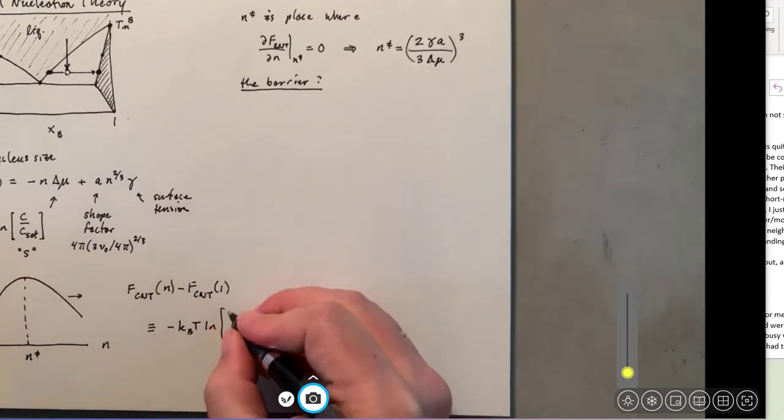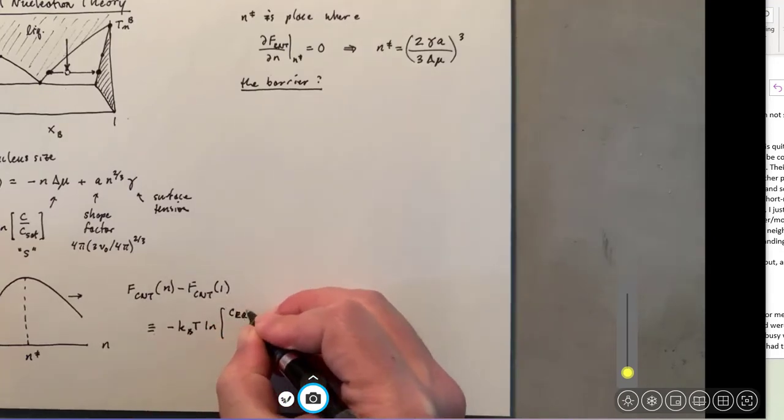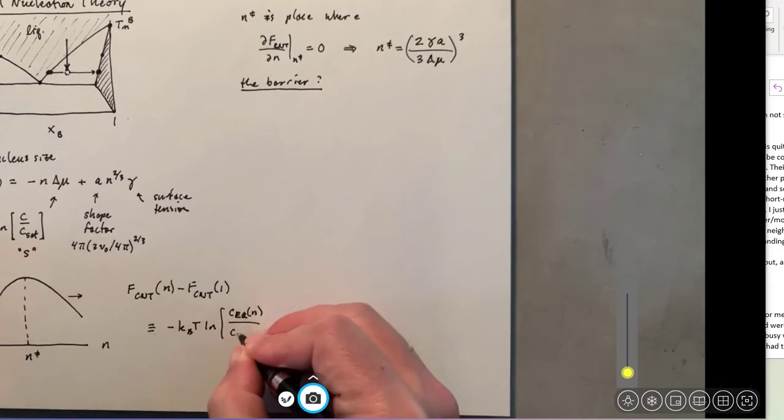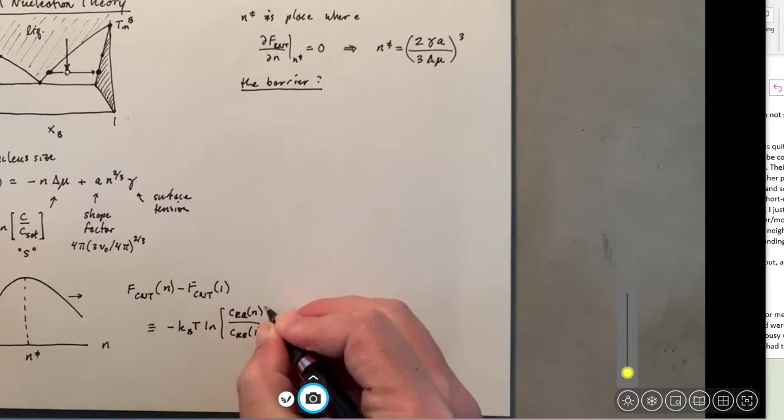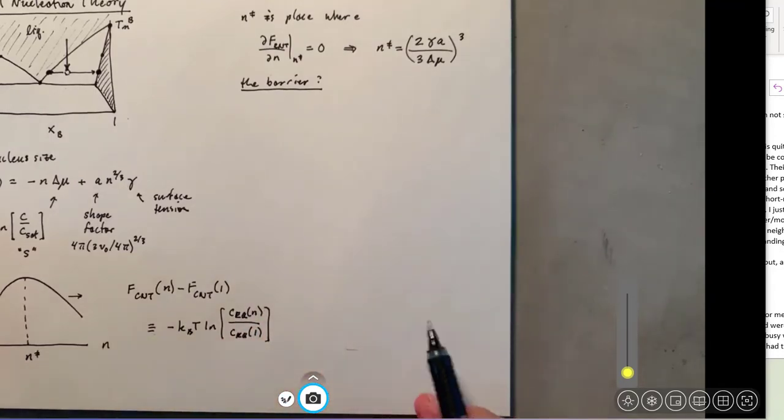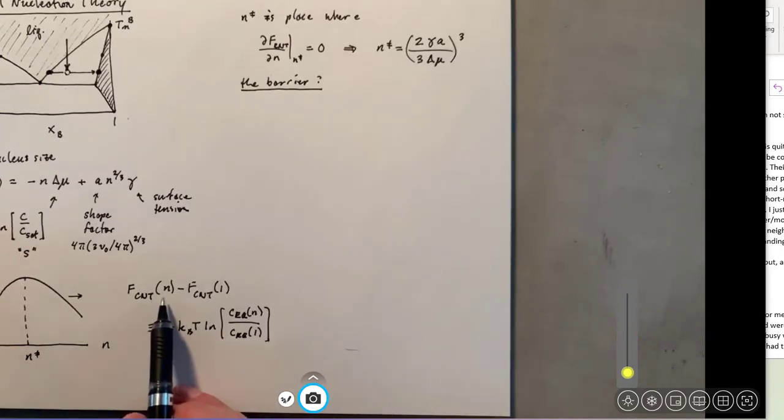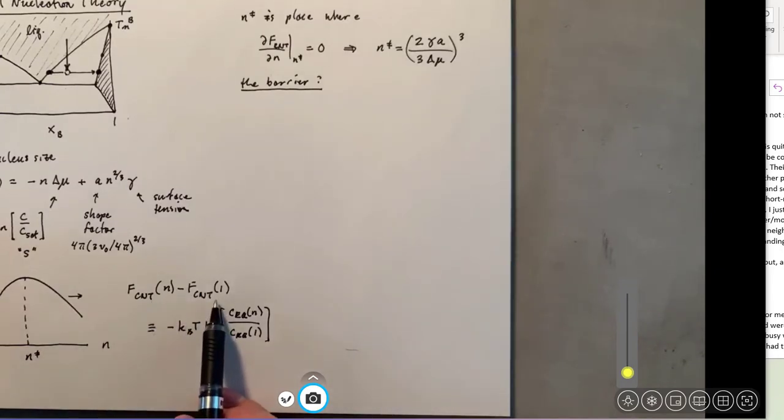So this is what we mean by that. If I could prepare a system in which nuclei of all sizes were at equilibrium with each other, then the free energy as a function of n minus the free energy as a function of n evaluated at 1 would be minus kBT log of the concentration of n-mers at equilibrium divided by the concentration of 1-mers at equilibrium.